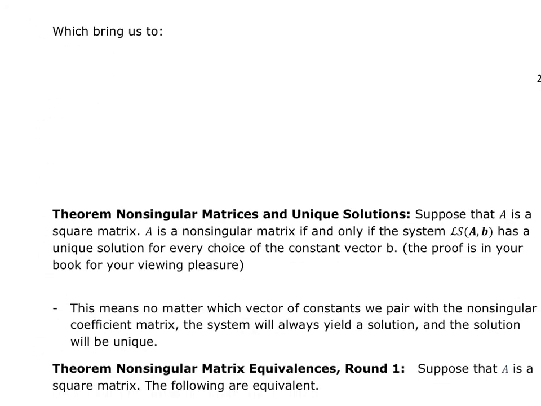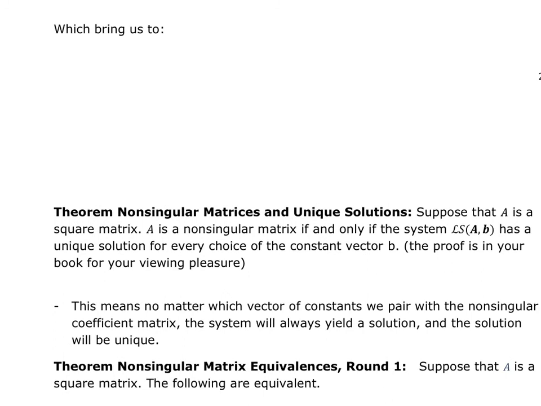Now that brings us to the next theorem, and it says, suppose A is a square matrix. A is a non-singular matrix if and only if the linear system with the coefficient matrix A and some vector b, which is the constants, has a unique solution for every choice of the constant vector b.